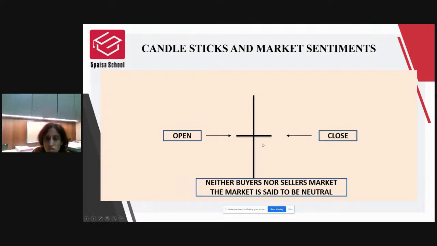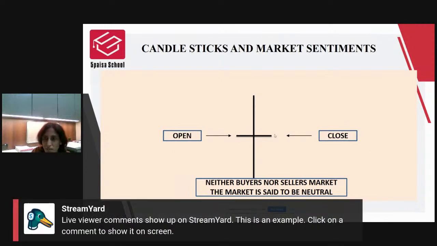Now, this is something very unique and something very typical. In this case, if you see, the opening price and the closing price are at the same level. So what does this reflect? This kind of candlestick reflects that it is neither the buyers' market nor the sellers' market.